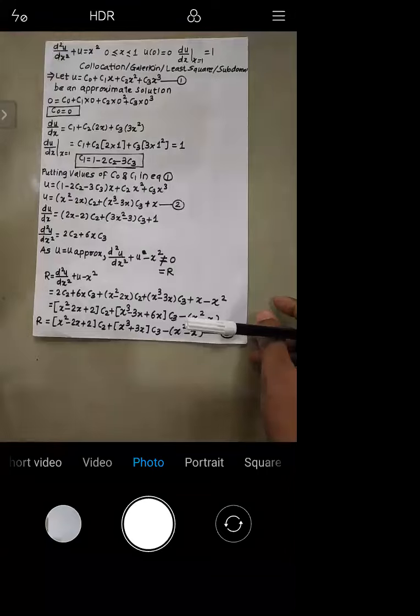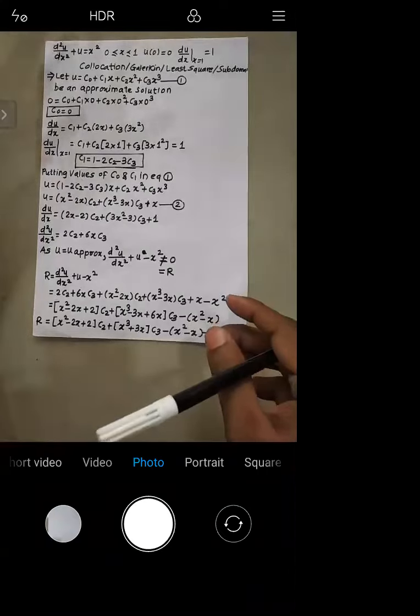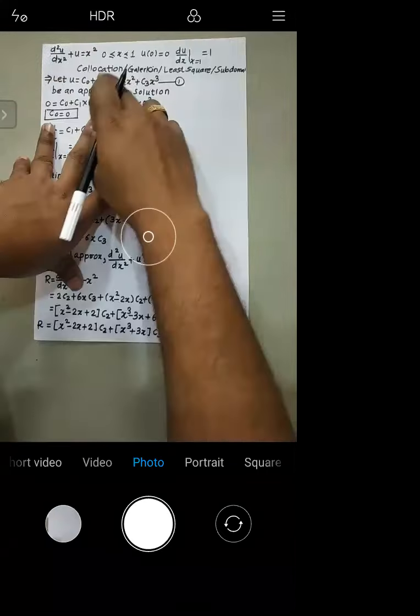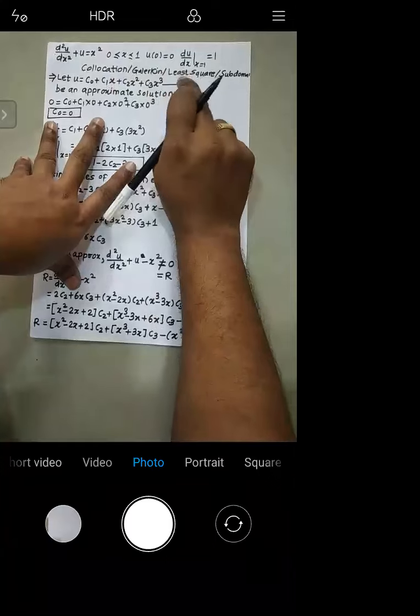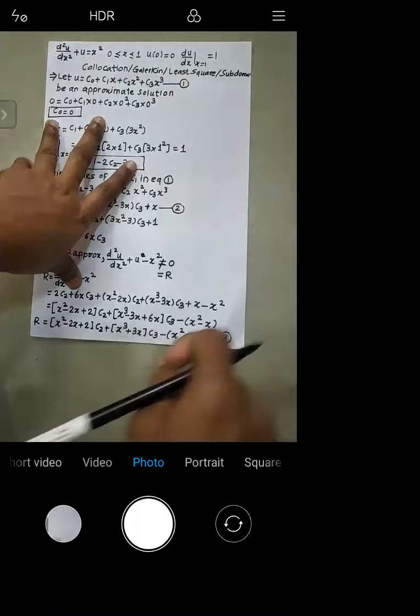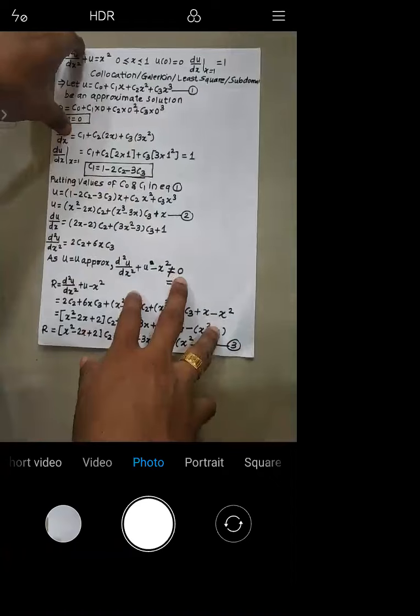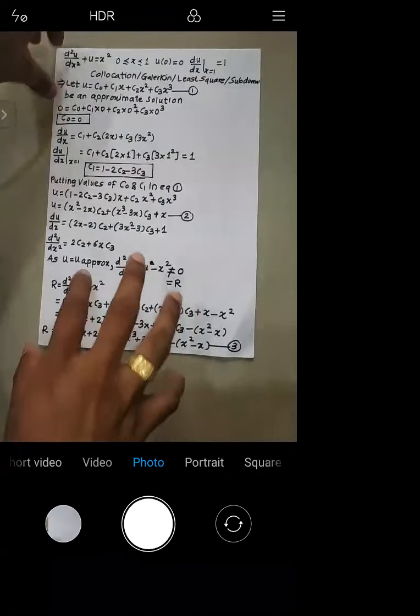In such cases we need to go for approximate methods, such as the collocation method, Galerkin method, least square method, and subdomain method, because these methods will give you the approximate answer. And it's always better to have an approximate answer rather than having no answer.